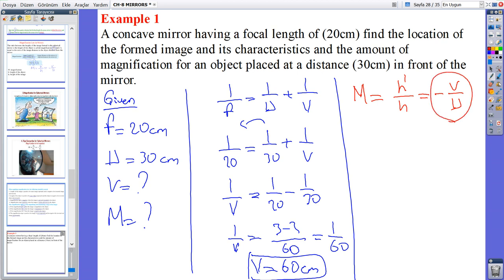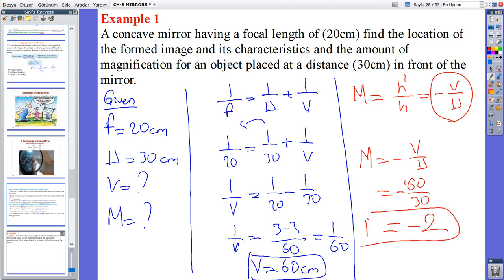We know the distance of the image and the distance of the object, so we will use this equation. Magnification equals minus v over u. We find v equals 60 over 30, so magnification equals negative 2. Magnification 2 means the image is magnified 2 times.